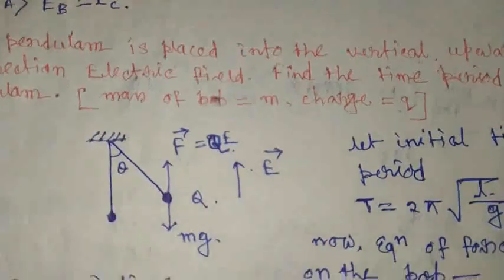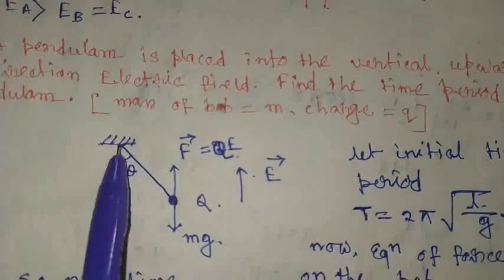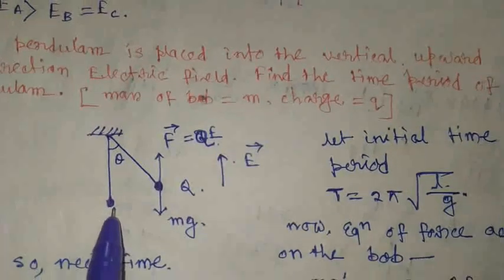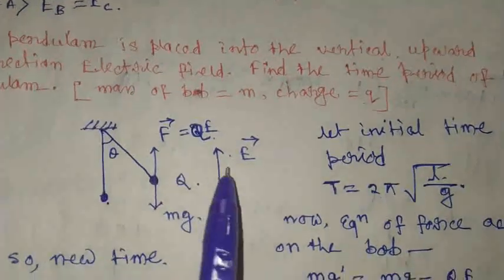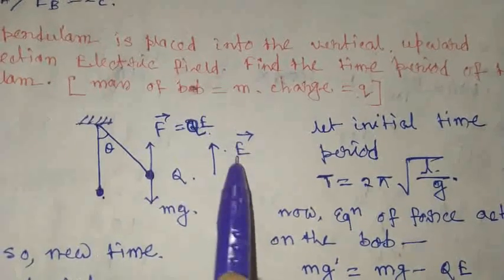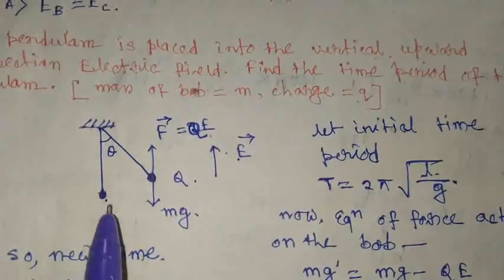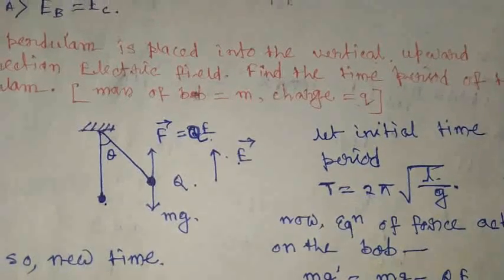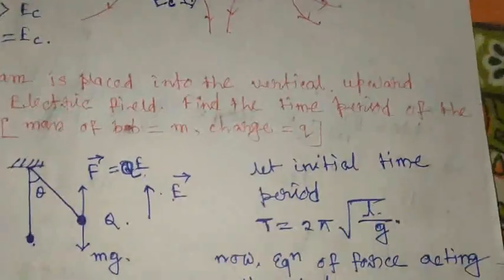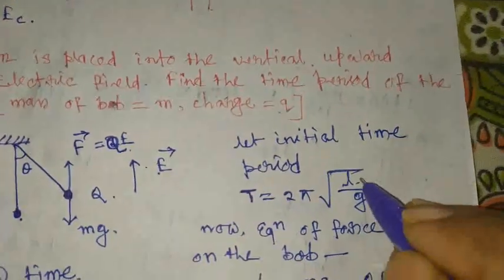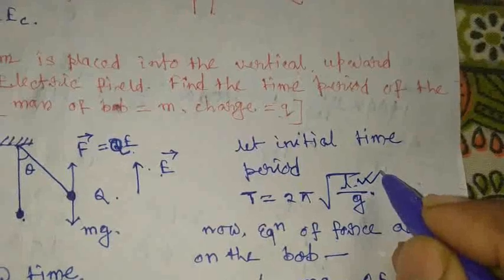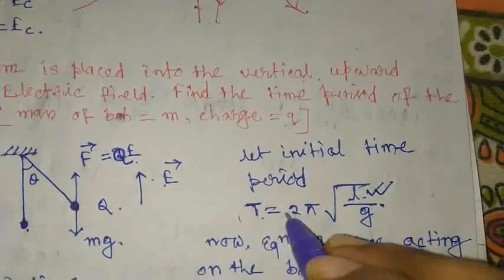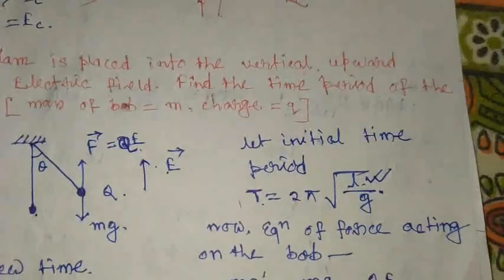That means a pendulum of mass m and charge q is hanging from a point, and when this pendulum is placed in a vertical upward electric field, its time period is modified, and we have to find that modified time period. We know if the length of the pendulum is L, then the time period T equals 2 pi root over L by g.